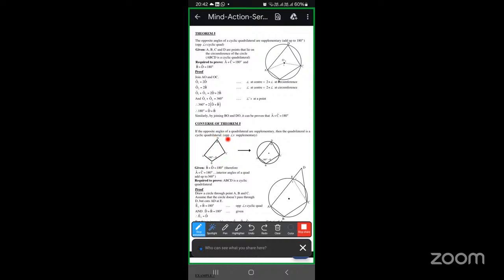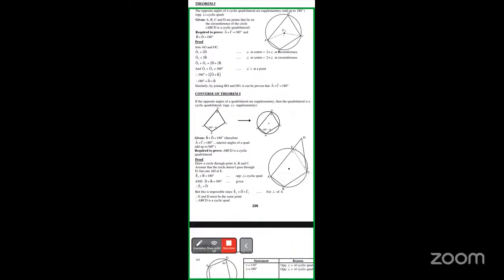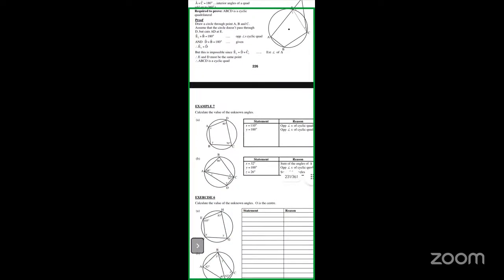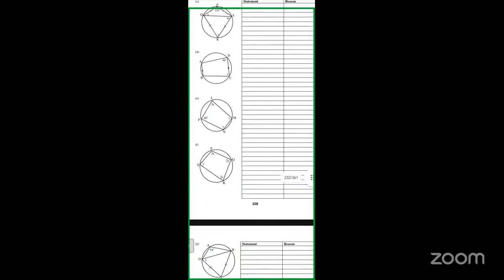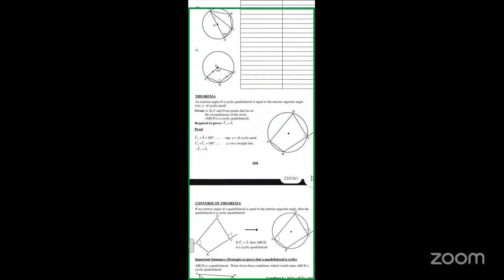You are just going to take that angle and add it to this angle. If you get 180 degrees as your outcome, you can conclude by saying that quadrilateral is a cyclic quad. It's the converse of opposite angles of a cyclic quad are supplementary. Then it also has the proof here that you need to know to go and prove in the exam, because it's also accessible. And then we can proceed to the next theorem, which is theorem 6.